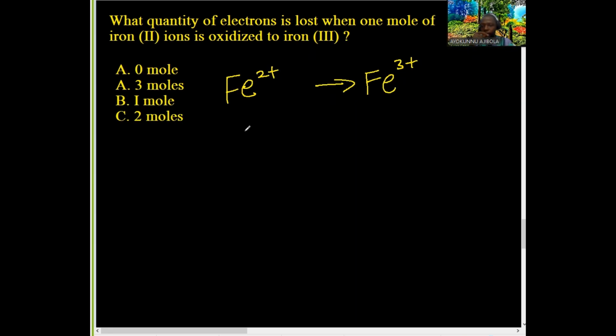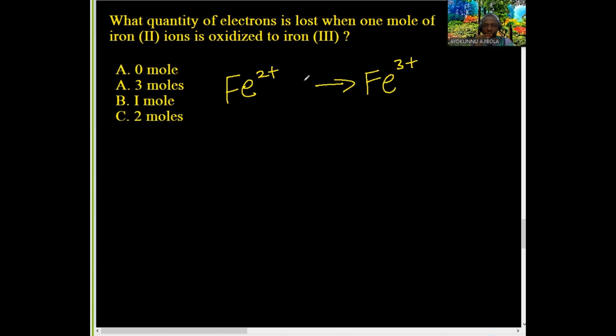Is that clear? So when iron 2 loses 1 electron, it's going to the other side.